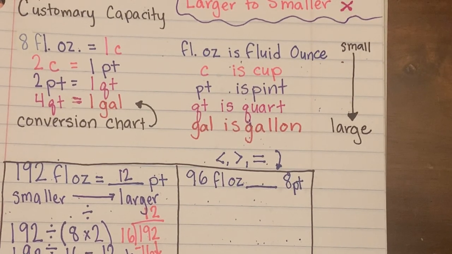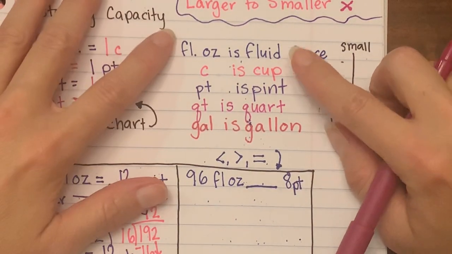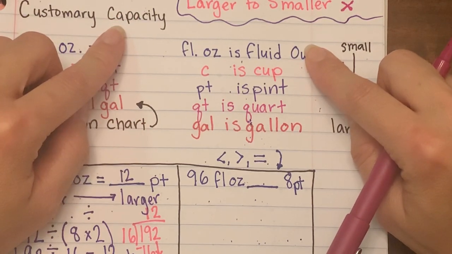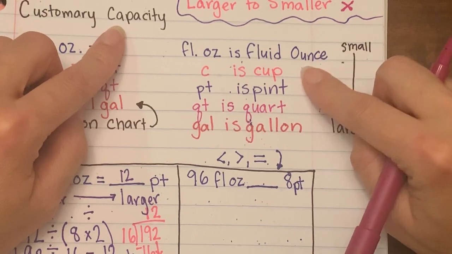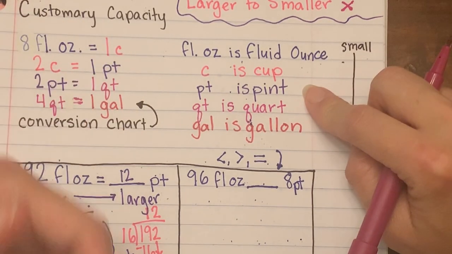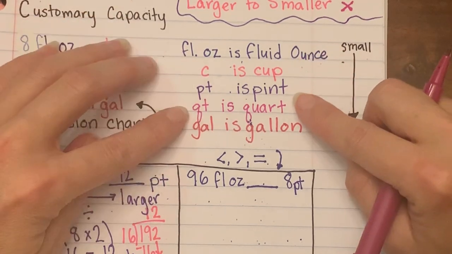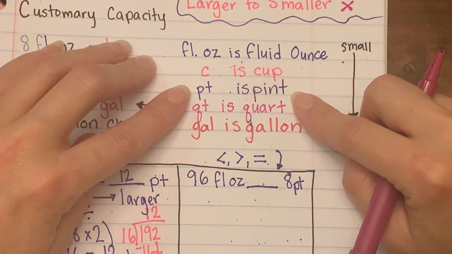So in this problem, we also have another, we are going to be going from fluid ounces. So fluid ounces, we're going to travel down to a pint. So 1, 2. We're taking 2 steps down, so there's going to be 2 numbers in our parentheses. We are going smaller to larger, so then we need to also remember that we are dividing.